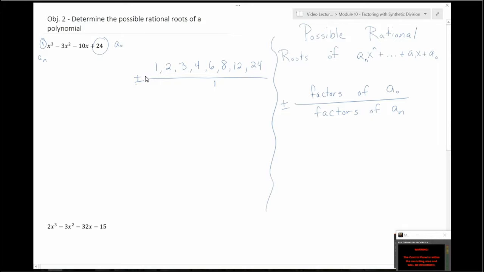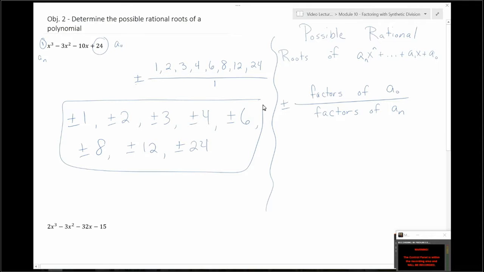So it's all of these combinations. Plus or minus 1, 2, 3, 4, 6, 8, 12, and 24. This is a lot. In the next video, we'll figure out how to narrow these down so that we can pick the right numbers in order to synthetically divide. But for now, these are all of the possibilities.